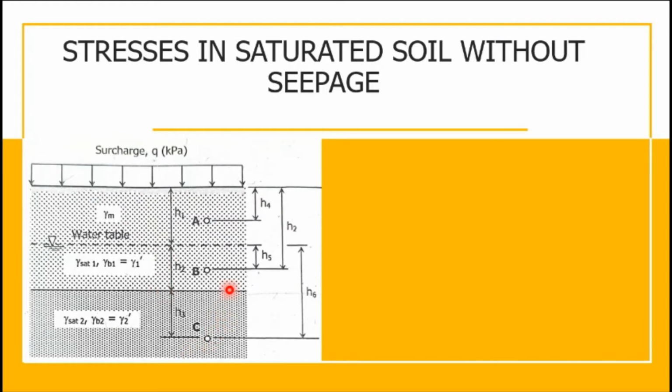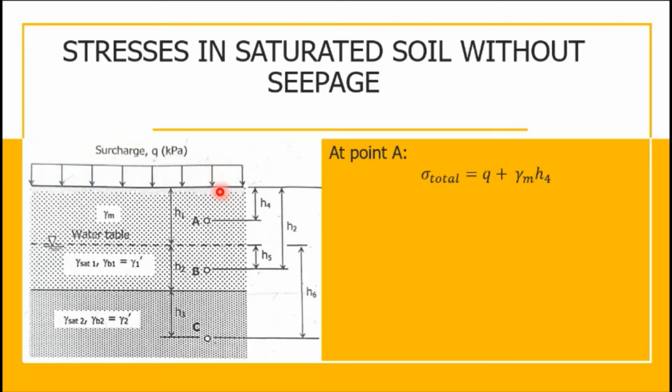If you can see, the water table lies here. And at point A, if we are to get the total stress, it will be equal to the surcharge load, that is Q. It's already in kPa, that means it's already the stress due to the surcharge load.